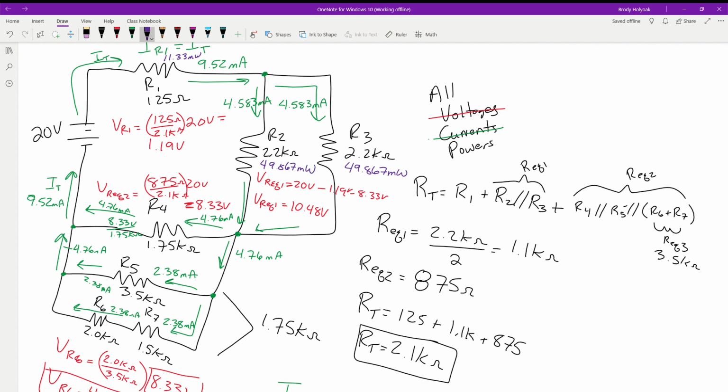So I multiplied 8.23 volts by 4.7 milliamps to come out with 39.65 kilowatts. Okay. R5? I multiplied 2.38 milliamps by 8.22 volts, and I got 19.825 kilowatts.